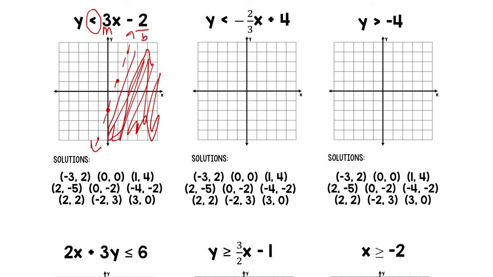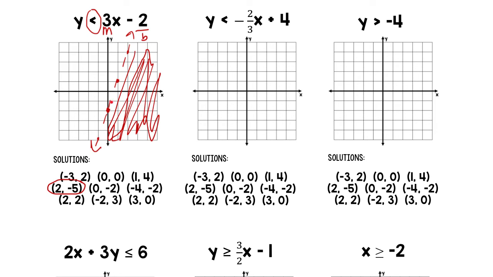-3, 2 is here, not a solution. 0, 0, not a solution. 1, 4, not a solution. 2, -5 is a solution, so we can just circle that guy. 0, -2 is not a solution. It's on our line.